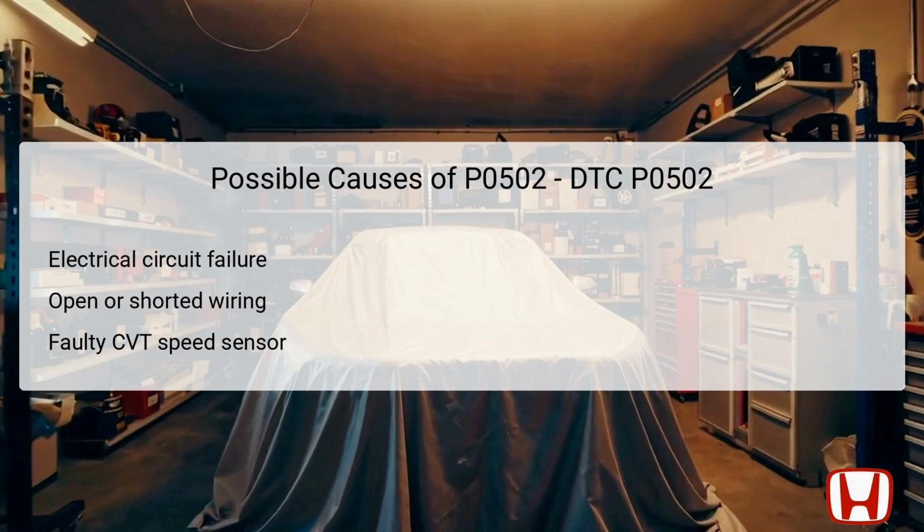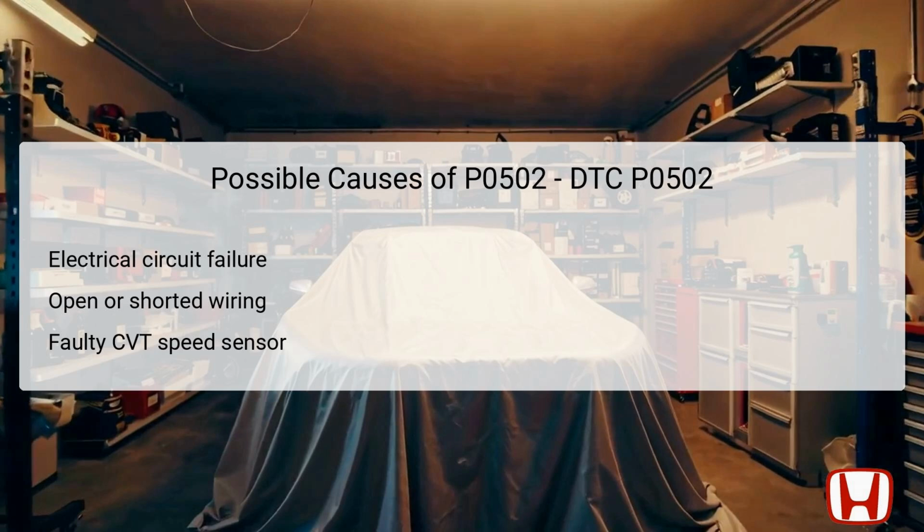Firstly, an electrical circuit failure may exist, indicating issues within the wiring or connections between the CVT speed sensor and the TCM. An open circuit occurs when the electrical path is incomplete, preventing signals from reaching the TCM. Conversely, a shorted wiring condition may cause unintended connections, disrupting normal operation.